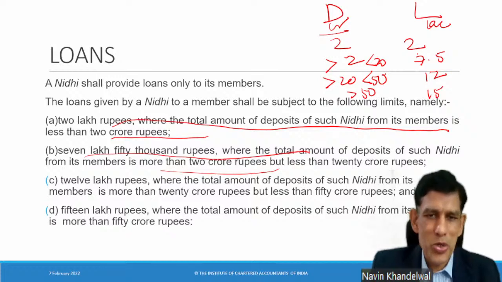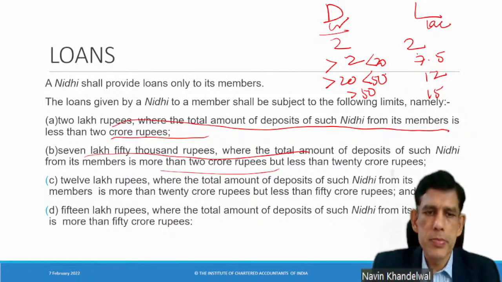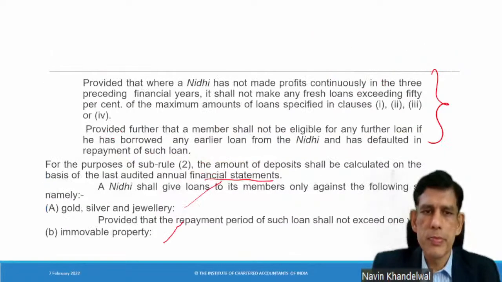Okay, deposits equal to 20 crores will be covered under B, because C says more than 20 crores. So till 20 crores, it is B, and till 50 crores, it is C. I hope this is clear, Divya. Abhilash, I hope I was able to answer your question also.